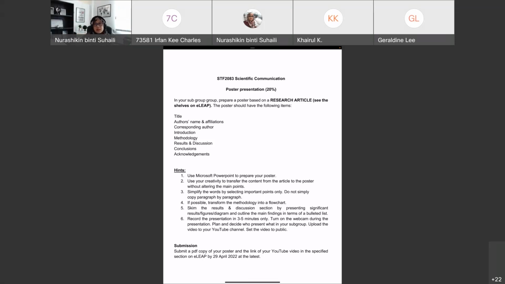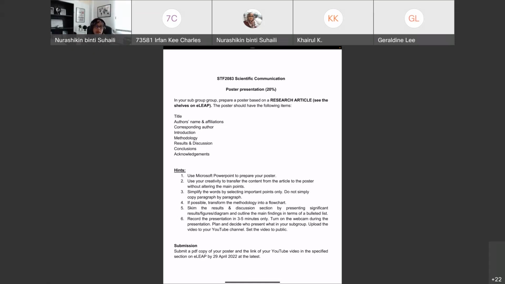Introduction. For a paper it could be long, but you have to summarize it by yourself. You have to skim it and decide how to summarize it and put it into a poster. For the methodology, let's say the paper describes it in paragraphs, you have to summarize it and transform it into a flow chart. You read, understand, then transform it and present it in the form of a flow chart.